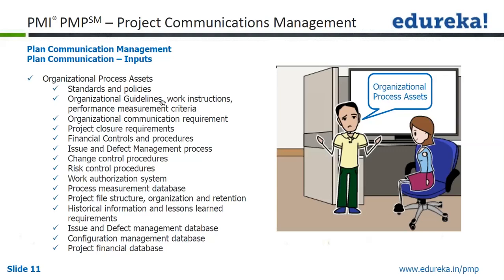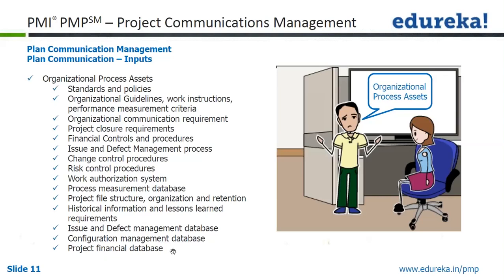OPA consists of standards and policies, organizational guidelines, work instructions, performance measurement criteria, organizational communication requirements, project closure requirements, financial control and procedure, issue and defect management process, change control procedure, risk control procedure, work authorization system, process measurement database, project file structure and organization and retention. Historical information and lessons learned is one of the important organizational processes which is very useful.